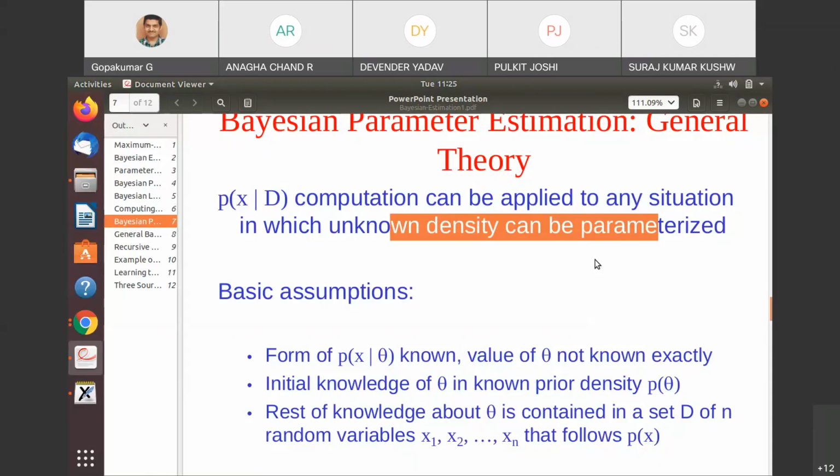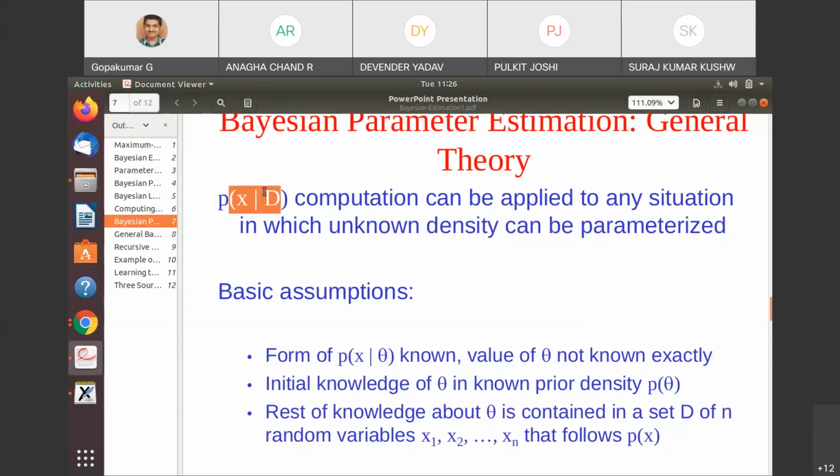But the most crucial thing is the class conditional density. There is a problem with Bayesian or MLE: we don't know the exact function that generates the data.